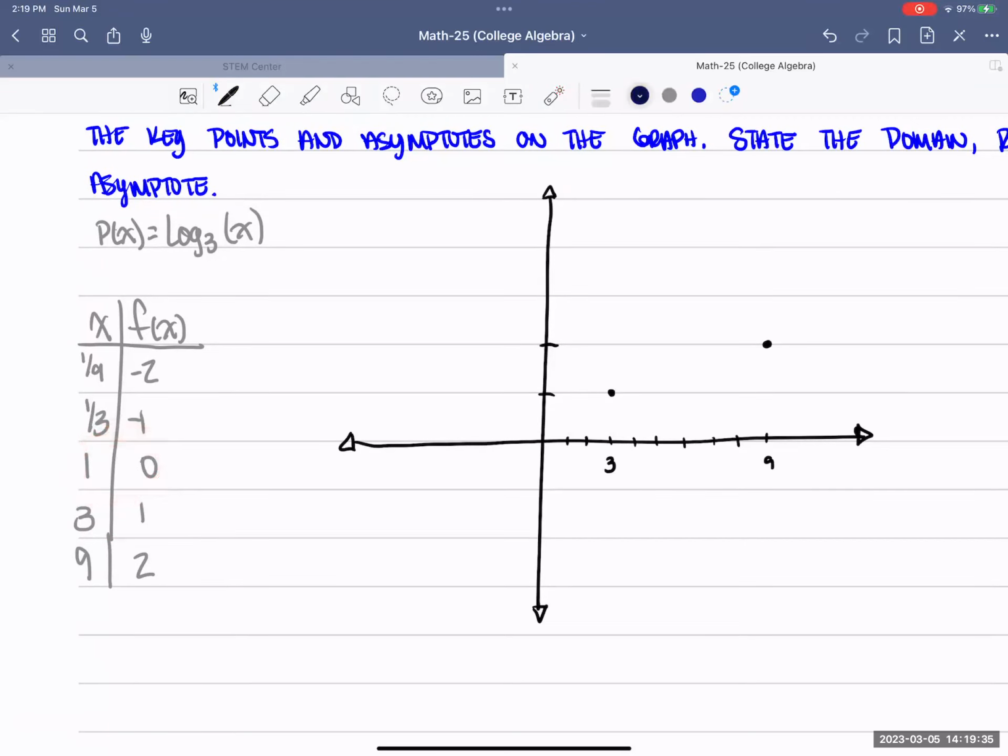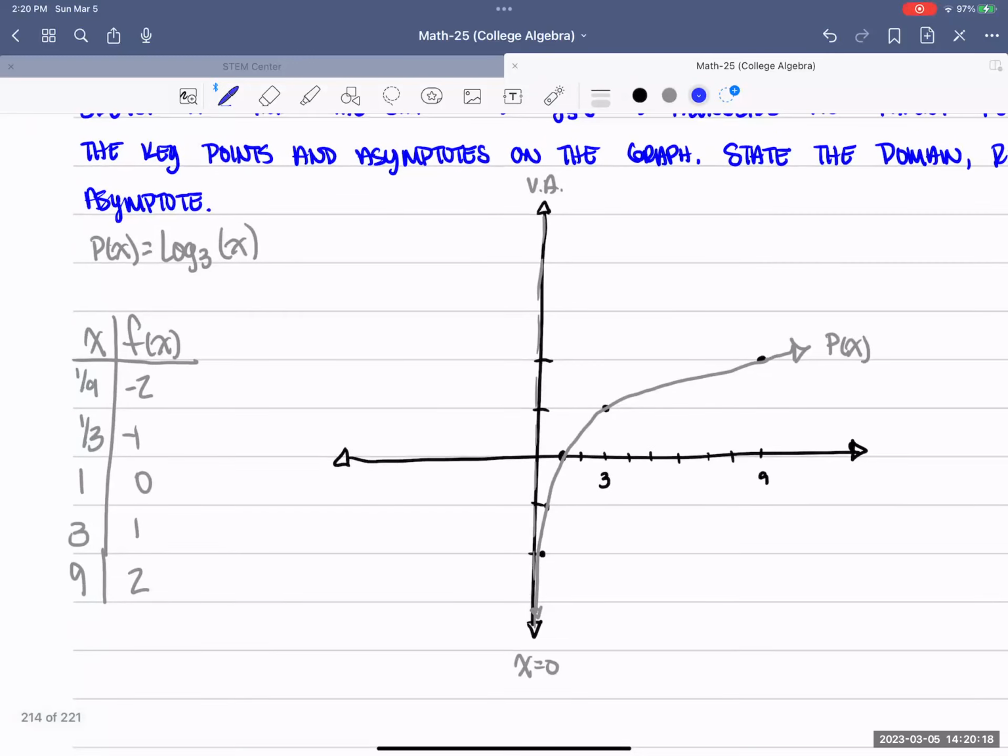Next is input 1, output 0. At 1/3, we have -1. And at 1/9, -2. So here we have our graph. We have that vertical asymptote of x equals 0. This was our graph of not f of x, but p of x, our parent function.